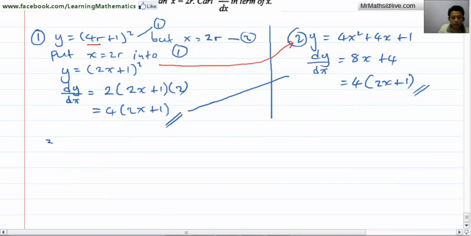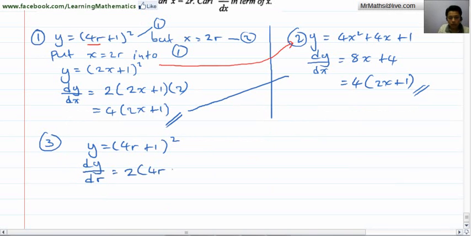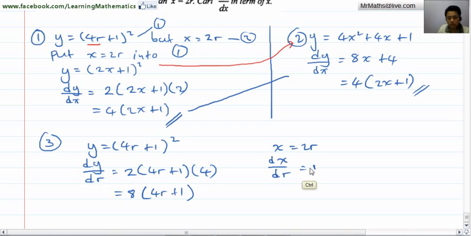I'll show you the third way. y is equal to (4r + 1) squared, and as such dy/dr, I just do intermediate differentiation, is 8(4r + 1). Then we have x equal to 2r, and dx/dr is 2.